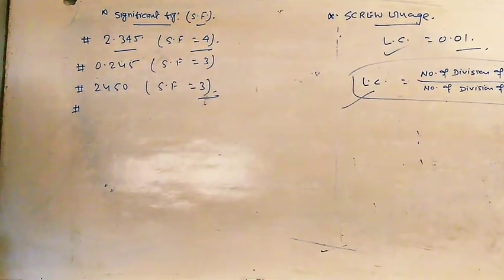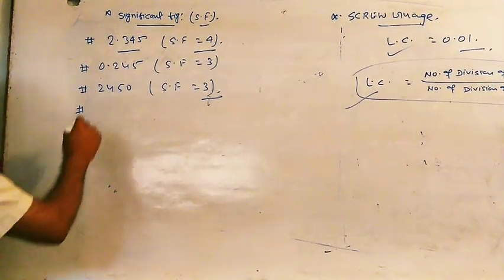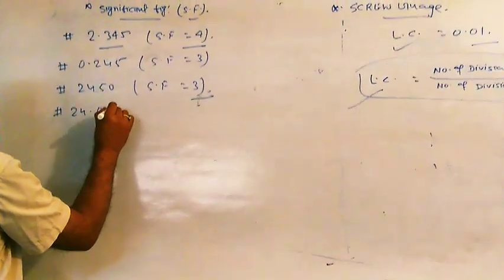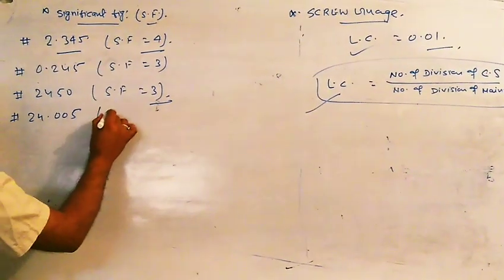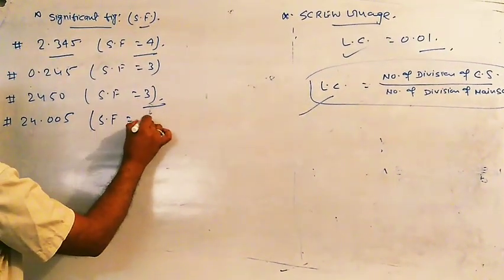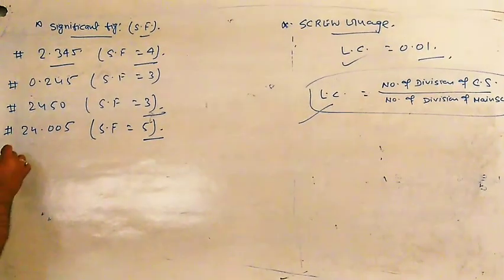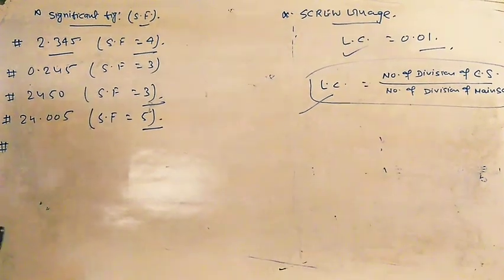All zero after decimal points are countable. Suppose that 24.005, all zero are countable. SF is 5. And power not affected the number of significant figures.